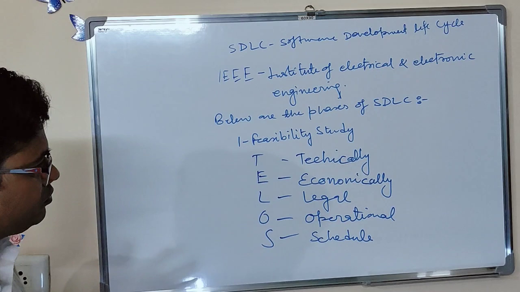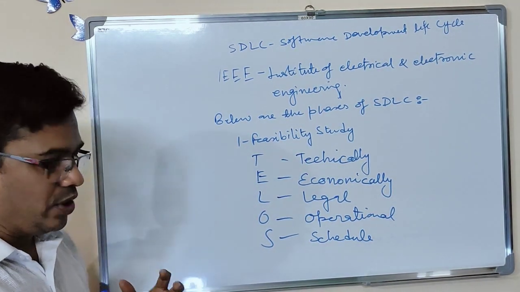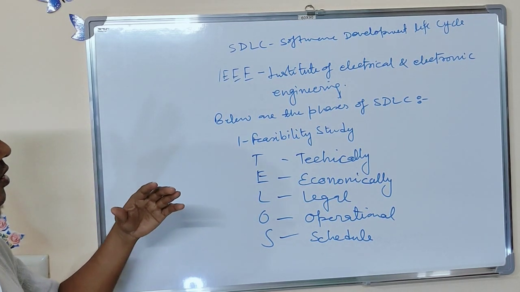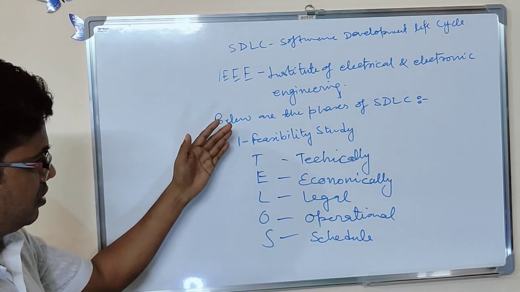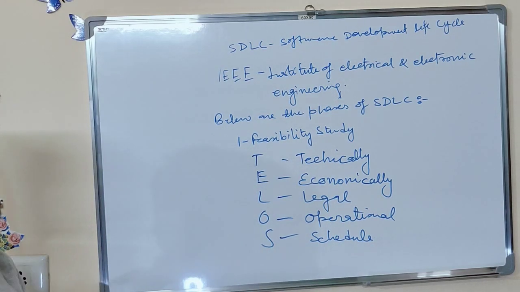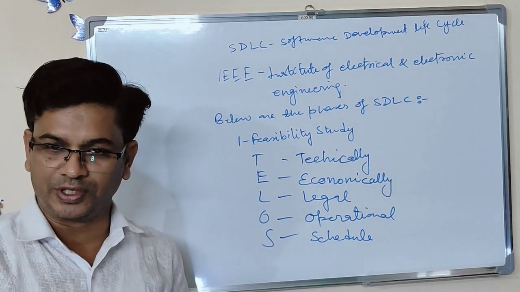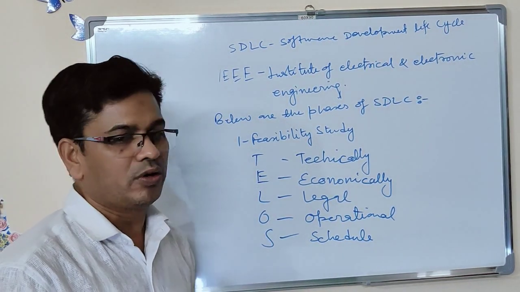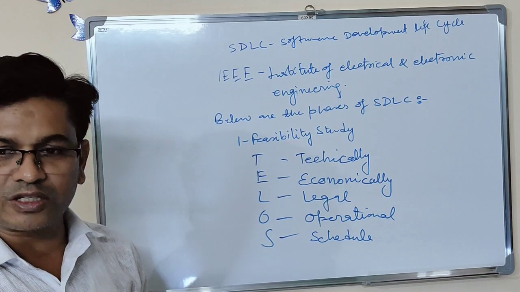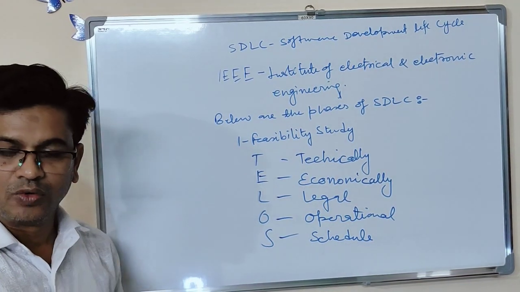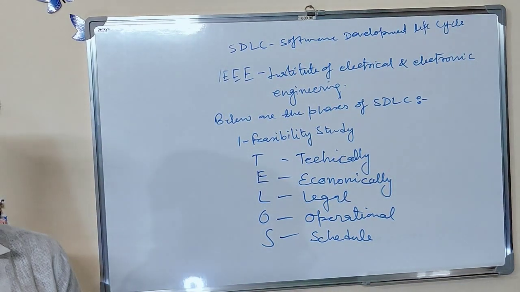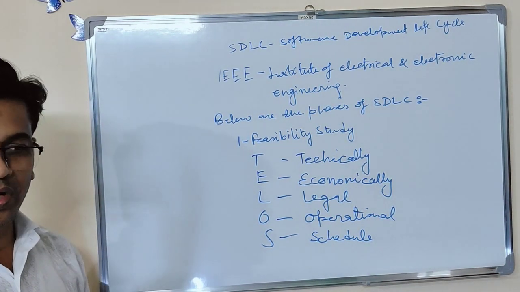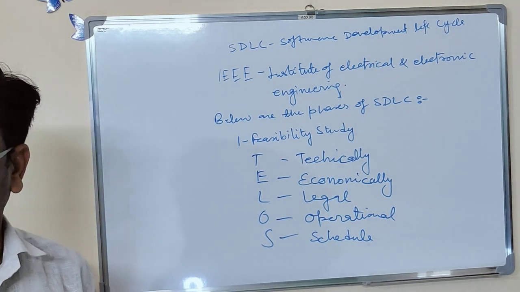Now we have a set of requirements. Those requirements will pass through TELOS activities just to check the feasibility study. So the first one is technically. The requirements raised by the clients will be technically reviewed, like how feasible we are from a technical point of view.